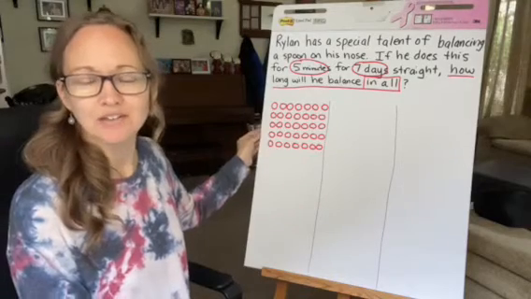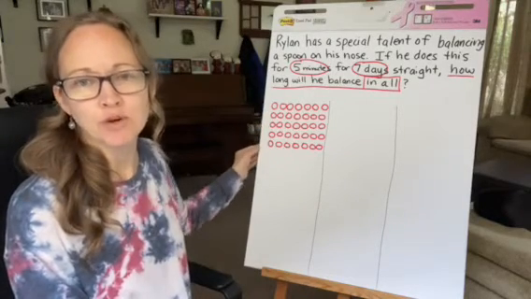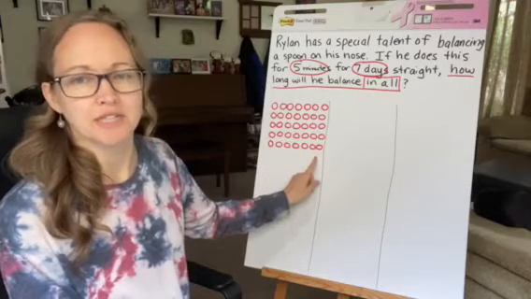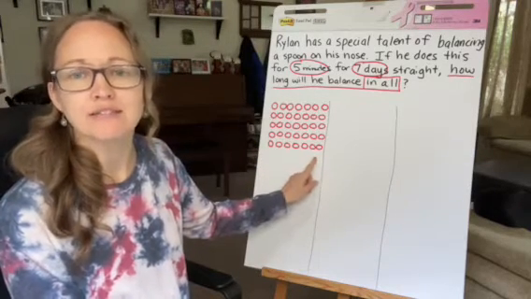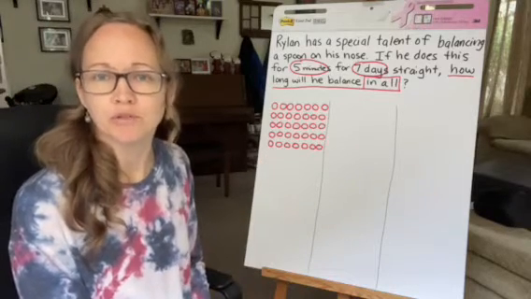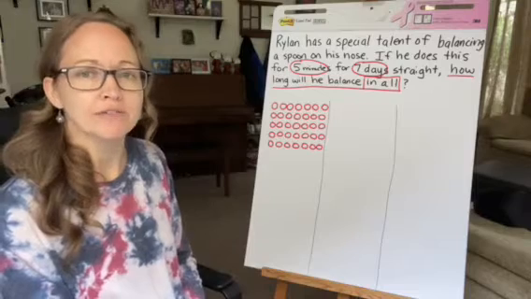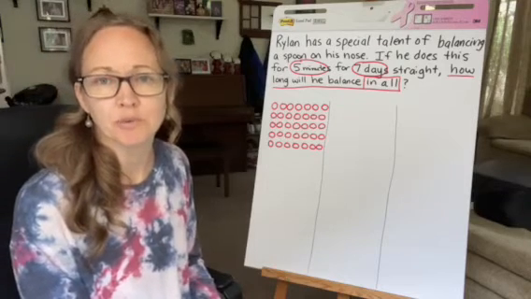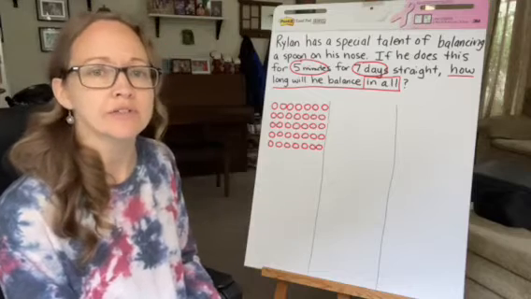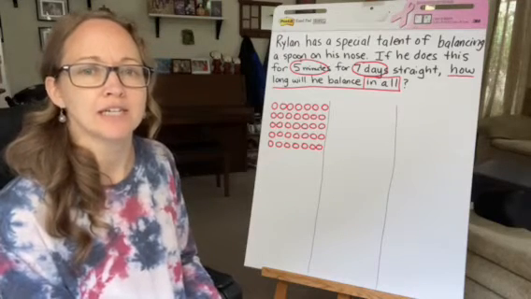All right, let's take a look at our array. We have 5 rows, which represents the 5 minutes, and then we have 7 circles in each row, and that represents the 7 days. We can also draw a picture by showing groups. We can draw 5 groups with 7 in each group, or remember with the commutative property, we can also draw 7 groups with 5 in each group.